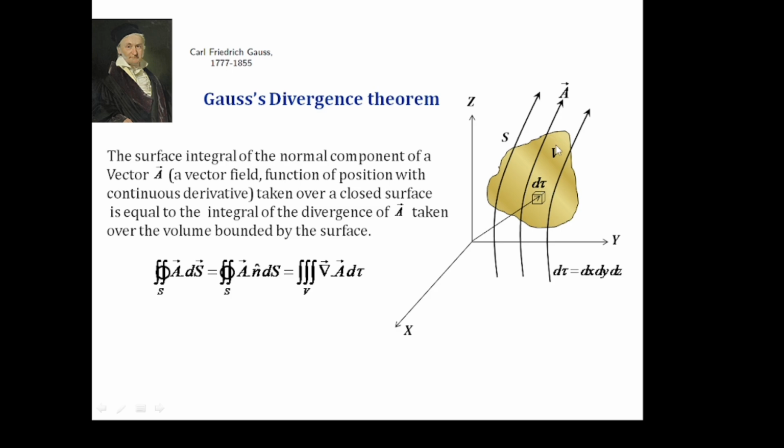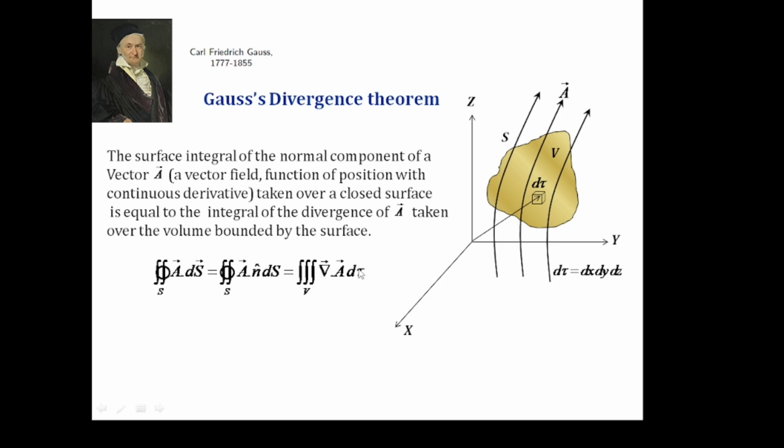That means here this is the surface S, and this is the enclosed volume V, and d tau is the small elemental volume, that means d tau is equal to dx dy dz. The A vector is passing through this closed surface where the volume is V. So the closed surface integration A dot ds is equal to the volume integration of the divergence of this vector field.